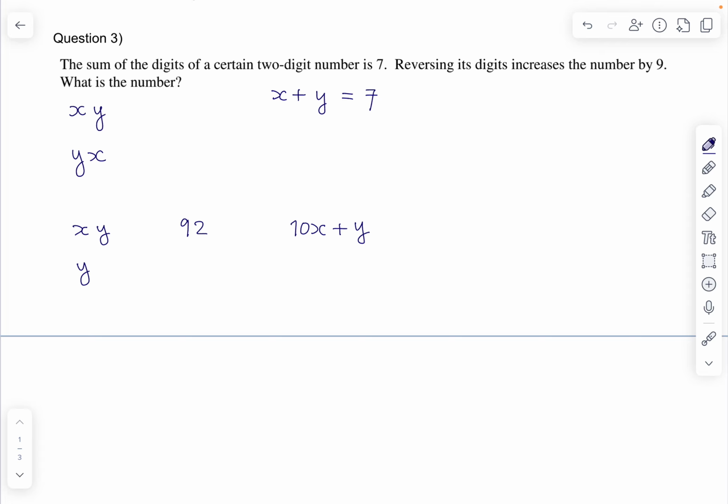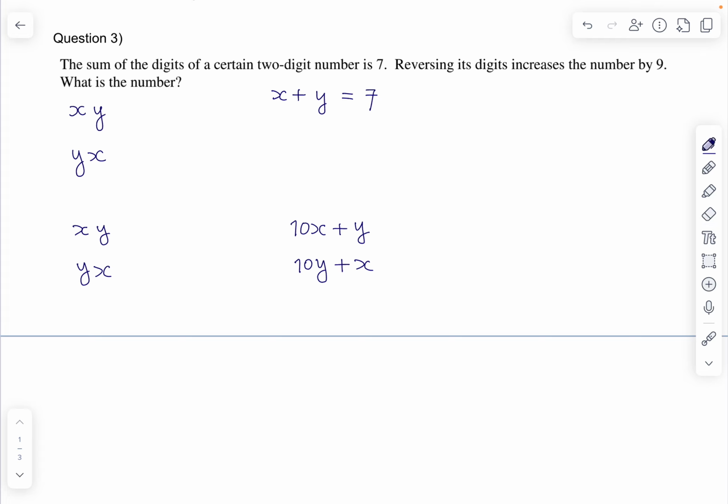And if I reverse it, then the value will become 29. So the 2, instead of having the value just unit 2, will become 2 times 10, 20, because now 2 is in the tens position. So the value of yx is 10 times y plus x. I hope that makes sense.